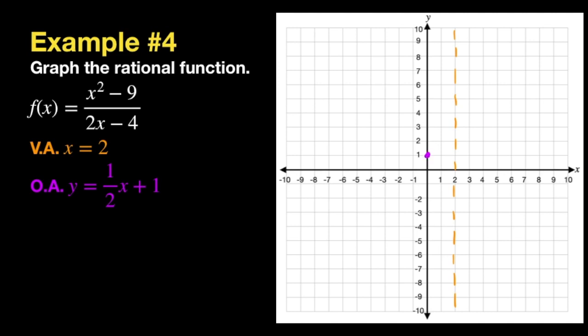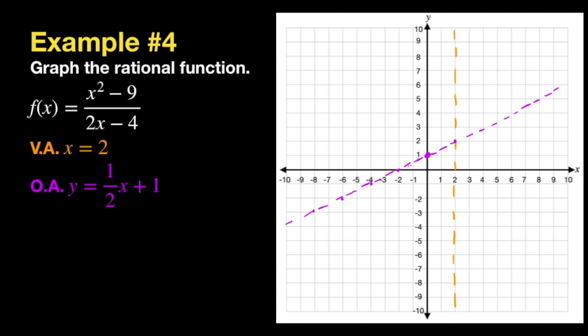And we're going to use this as your slope, rise over run. So you're going to go 1 unit up, 2 units to the right. So from our starting point, we move 1 up, 2 to the right. And you need to connect those points. So we are going to create our slant asymptote like this. And make sure that it goes to both sides.